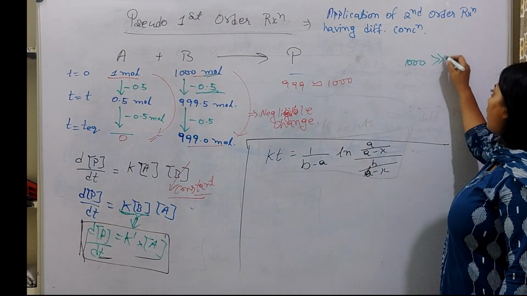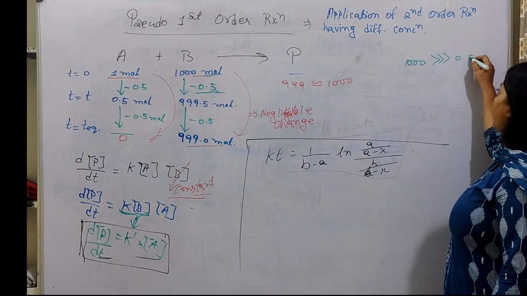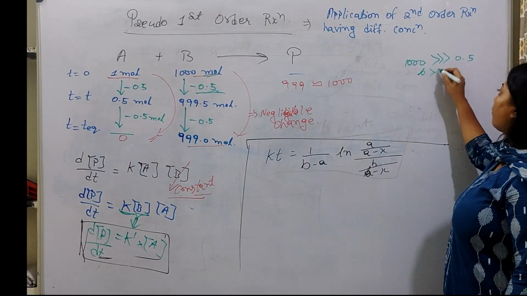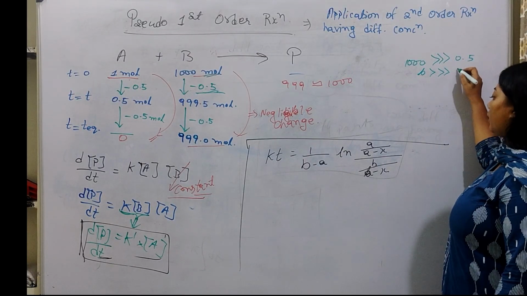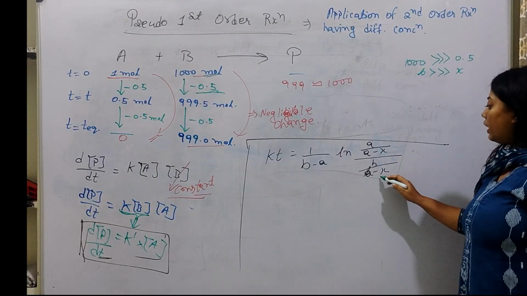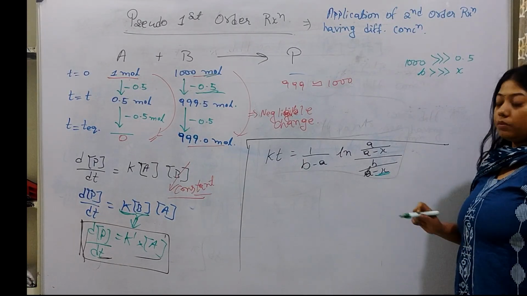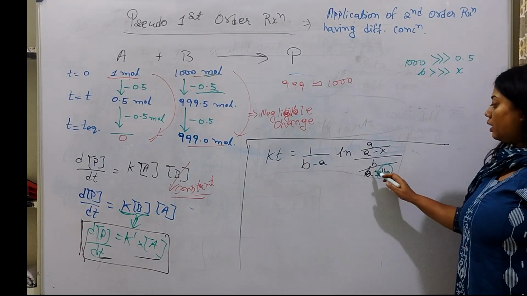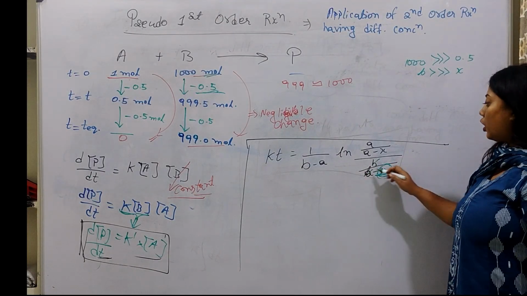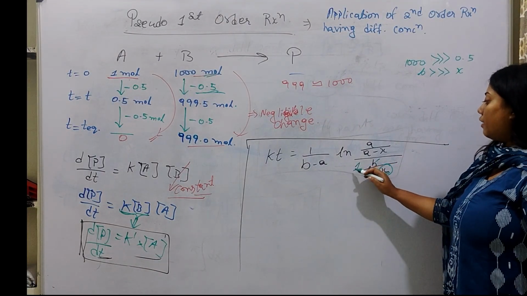As 1000 is far greater than 0.5, we can consider that B is far greater than X. So we can consider X as negligible. On considering X as negligible, B by B will be cut out and only 1 will be left.